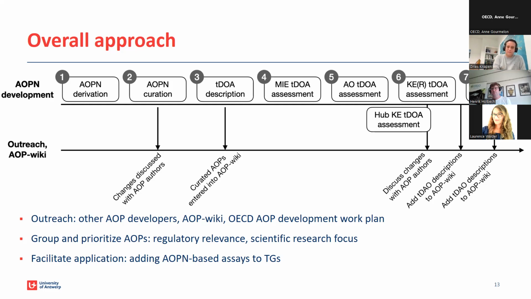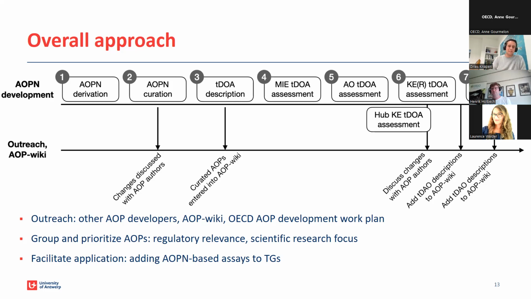And an important final consideration in that context, coming back to what Henrik also mentioned, is that we want, in the end, to use some of these assays measuring key events in the network to add to existing test guidelines, which would then be useful for implementing and applying this cross-species extrapolation strategy.